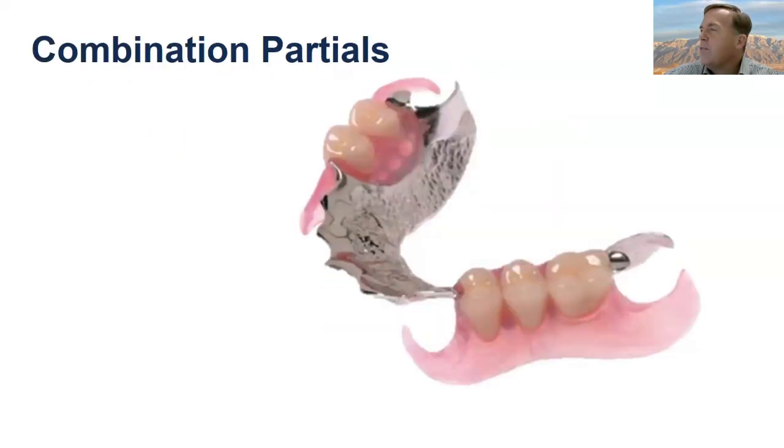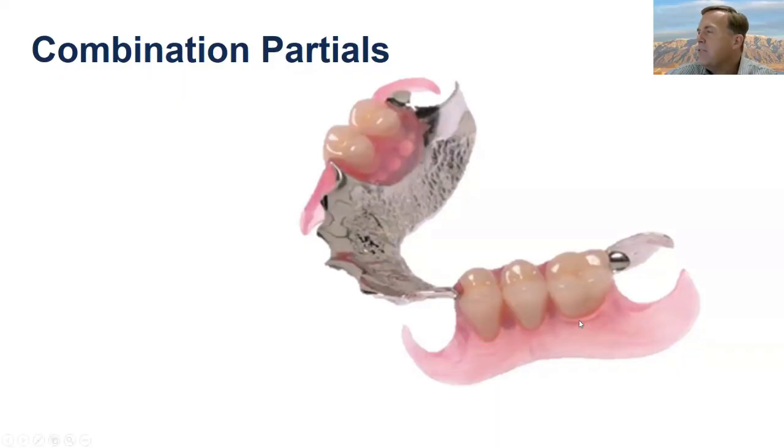So you're like, well, metal frames are sturdy and they can have rests, and flexible partials are prettier and more comfortable for patients. What if we were to put them together? And you can 100% do that. You can make your frame out of the chrome cobalt material with all your rests and then process with the flexible resin. And this can be a great solution.